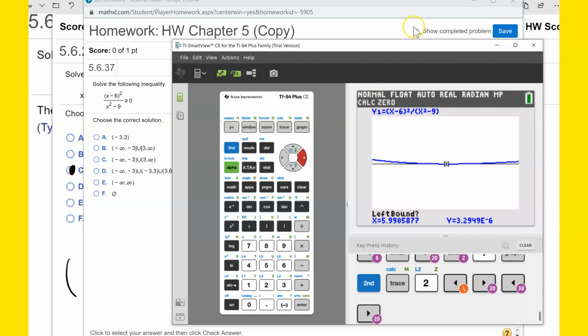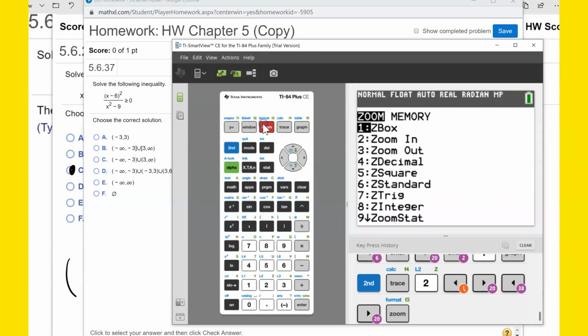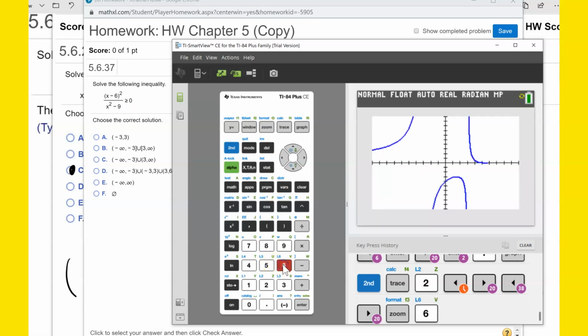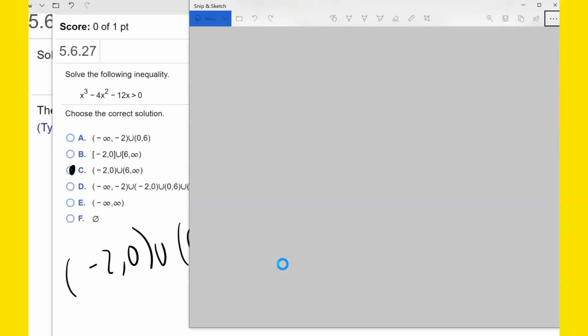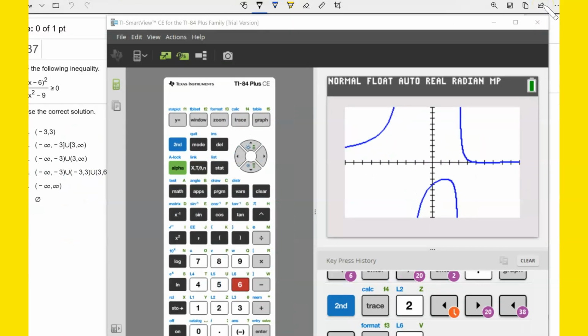So let me come over here to where I copied that. I think I copied it. Let me zoom back to my standard zoom window. Zoom 6. I'm going to take a picture of that now and show you what I think is the answer.